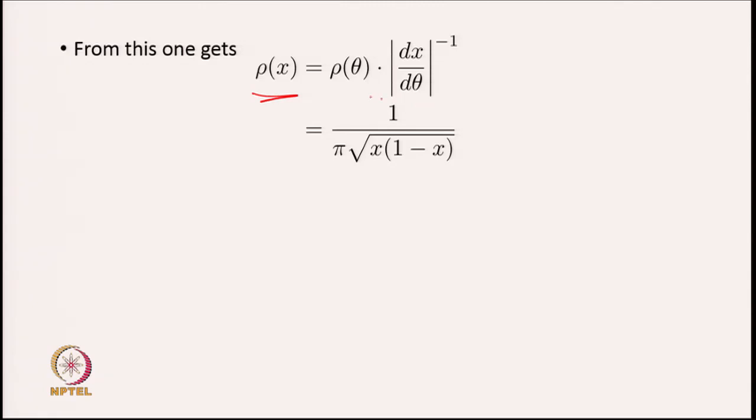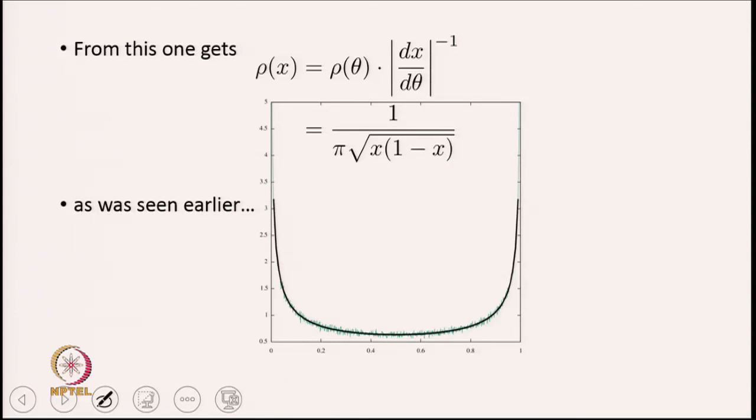So, rho of x is given by rho of theta divided by dx by d theta, and doing a little algebra you get that this is just equal to 1 over pi root x into 1 minus x. And we have already seen that in the map earlier. We saw that the numerical exploration also gave you this very nice verification of the same formula.